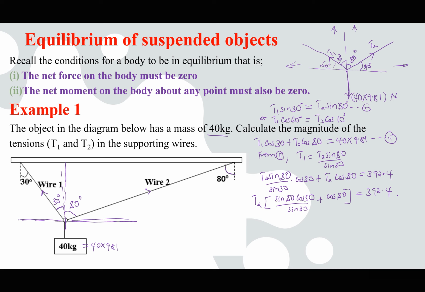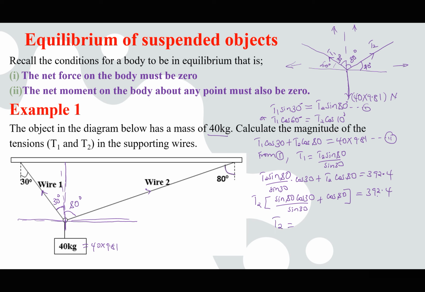So I have sine of 80 times the cos of 30 divided by the sine of 30 plus the cos of 80. So the bracket is approximately 1.879.